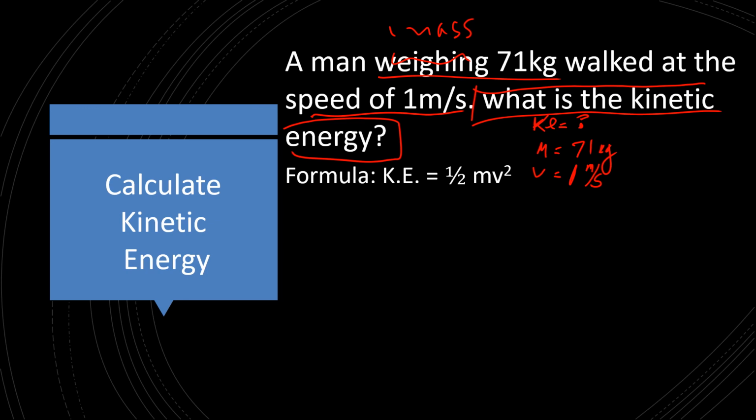And so we're going to go ahead and knock this one out. Kinetic energy is equal to 1/2 times 71 kilograms. And by the way, really quick, if this had been 71 grams or something like that, you would have to convert to kilograms for this formula to work.